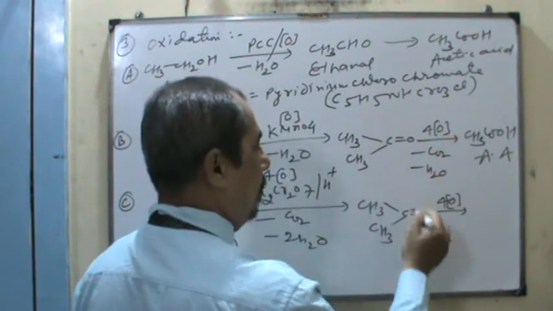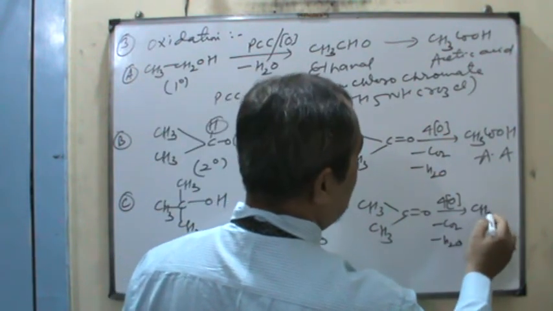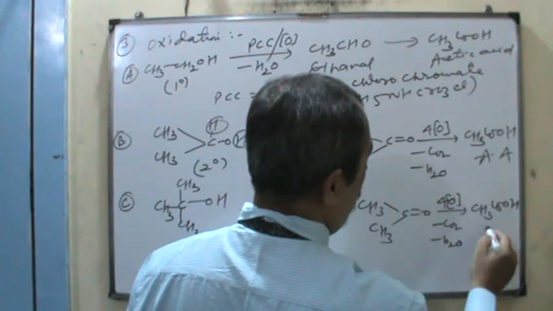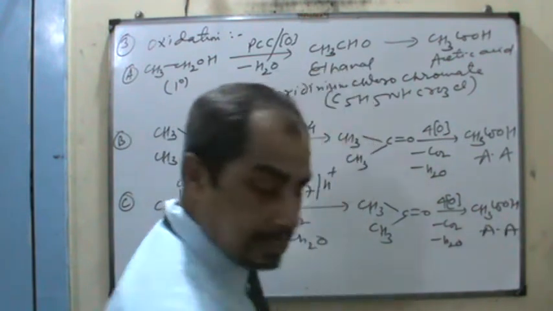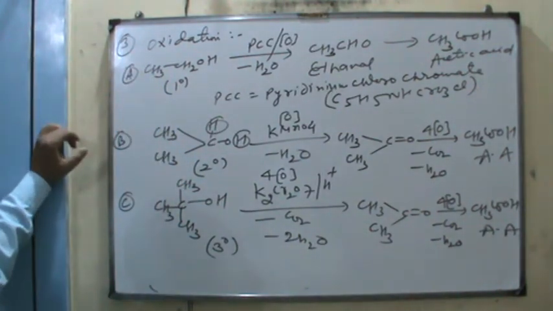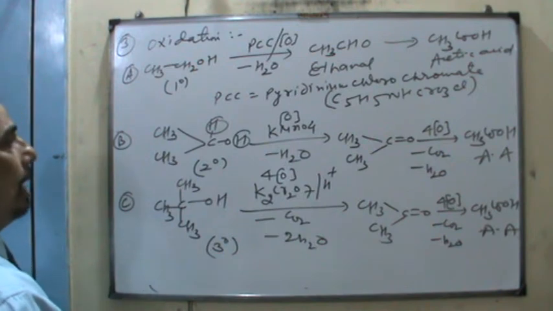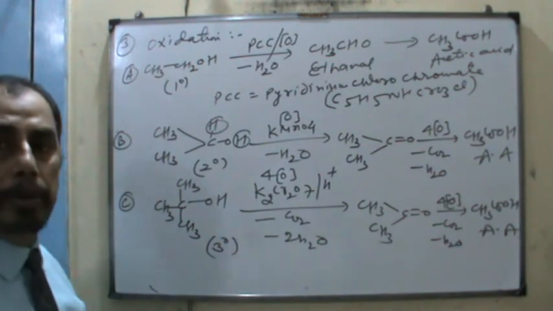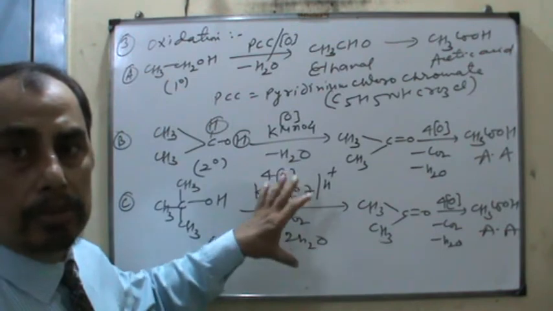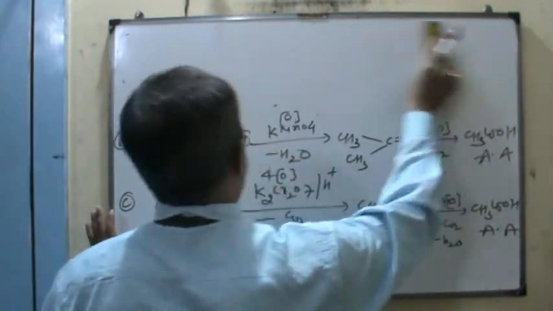Again carbon dioxide and water is lost, CH3COOH. What is this? Acetic acid. So this is the method you can have, the distinction between primary, secondary and tertiary alcohol. Is it clear to everyone? So get down, note everything, and also write the name of the reactants and the products.